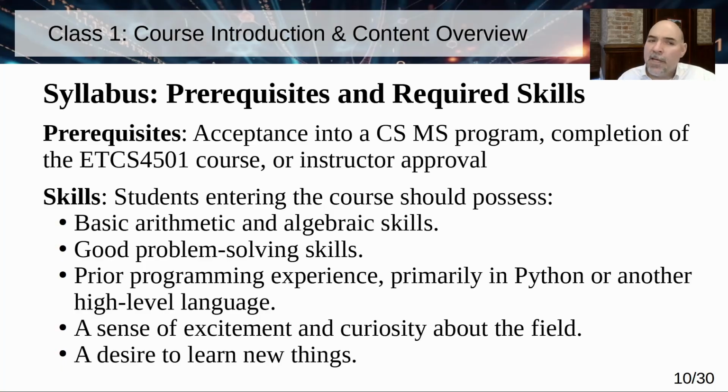We will cover some of that and review some of that additionally as needed. And you can also get instructor approval. So you could be in this class basically if you just have an interest and seem to have the skill set and have talked to me, you can still be in the class that way.